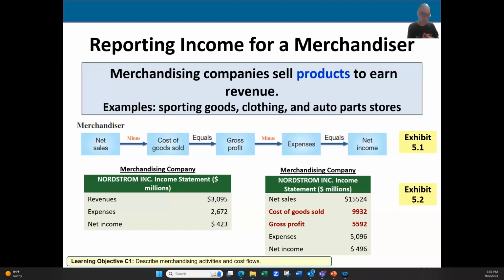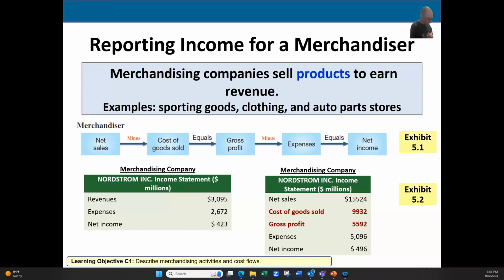The way to think about cost of goods sold is the merchandiser, retailer, had to purchase the goods that they're selling. Okay. The merchandiser is like a middle person. Yeah? They receive their merchandise from their suppliers. And they sell it to customers.